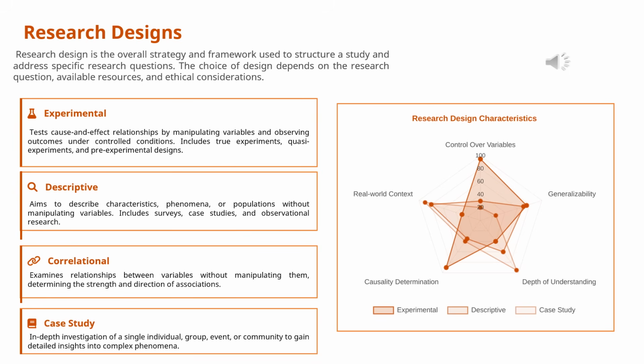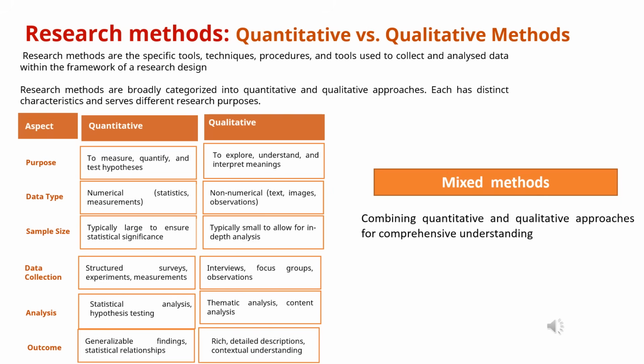Each of these designs actually has its unique strengths and weaknesses, and your choice should align directly with your research question and objective. Also, we need to look at how a research design differs from a research method.